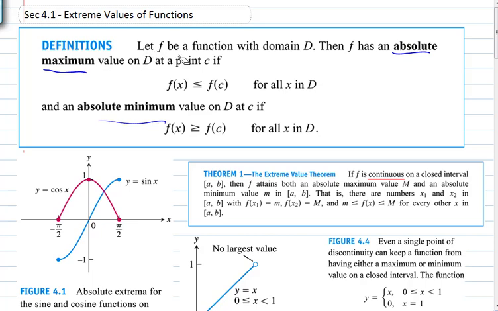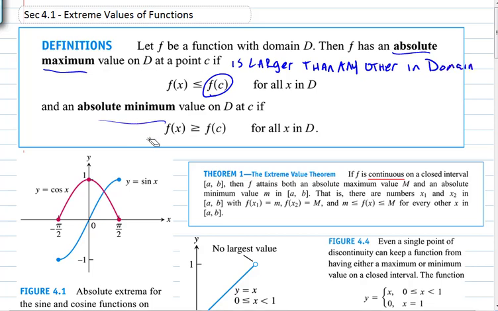What it means is if you have a function over a given domain, then that function has an absolute largest value over that domain at a point c if f of c is greater than or equal to every other value. That means that this point right here, the function evaluated at c, is larger than any other point in the domain of that function.